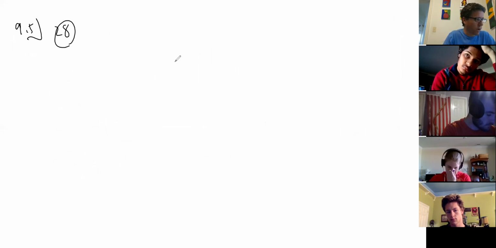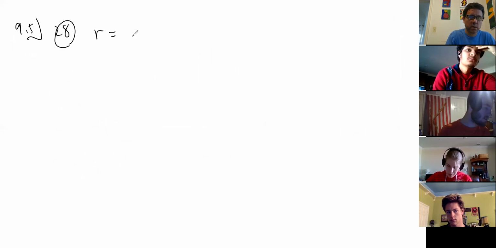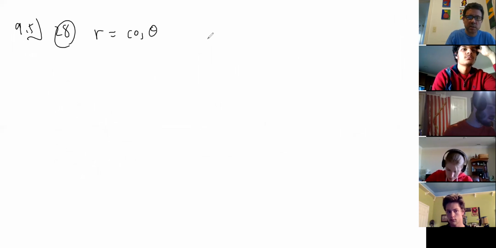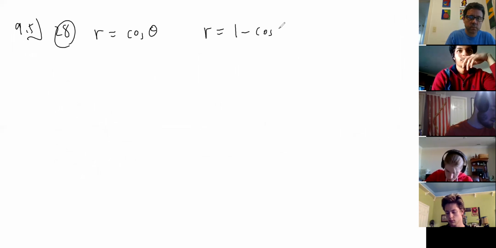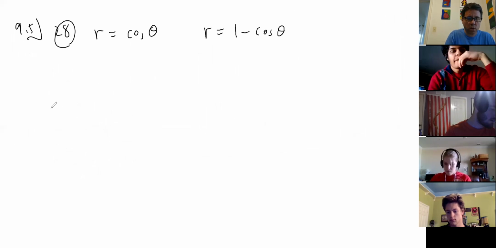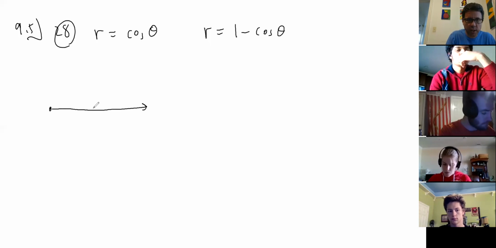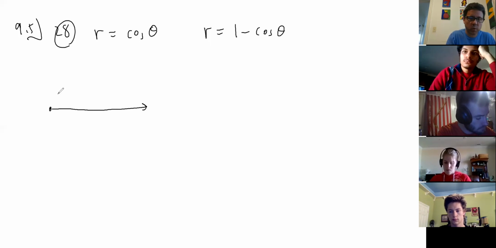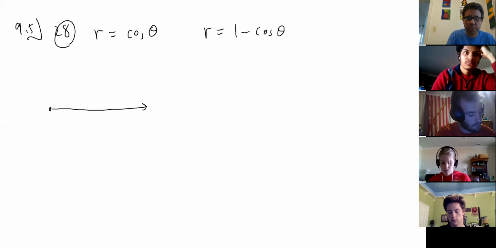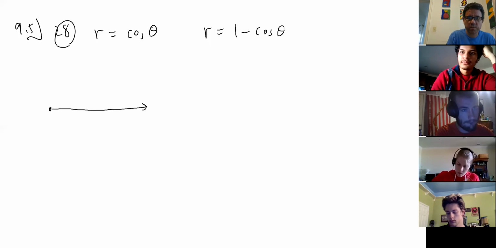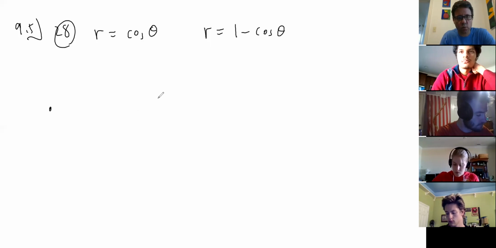Okay, so same idea here. The picture's already been drawn, but as usual, it's a good idea to do it. I need to move the axis over a little bit.